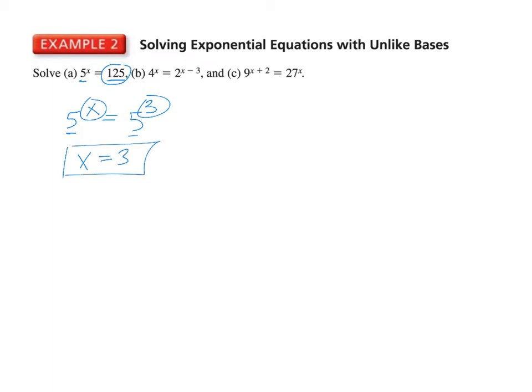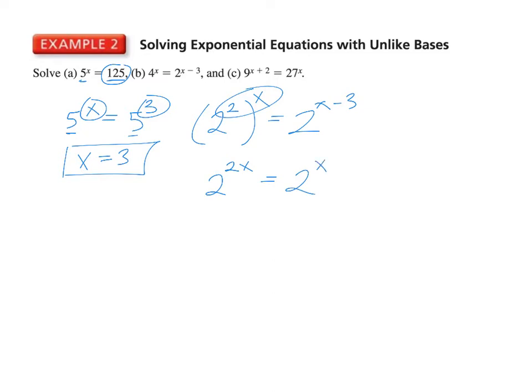Here I have 4 to the x is equal to 2 to the x minus 3. I want the same base, so I'm going to take the 4 and rewrite it as 2 to the second power. I still have it to the x power. This is a power to a power property, so that's 2 to the 2x power.